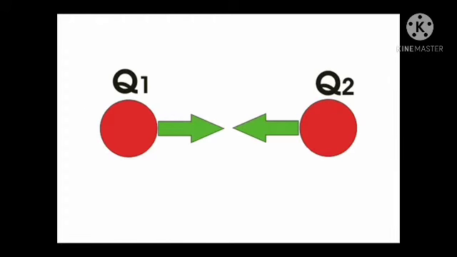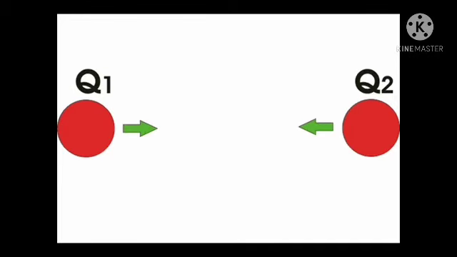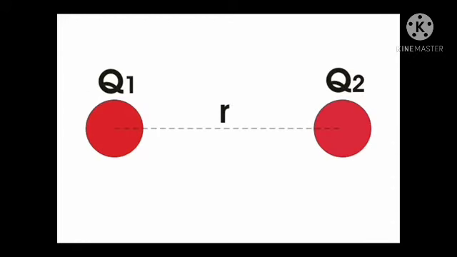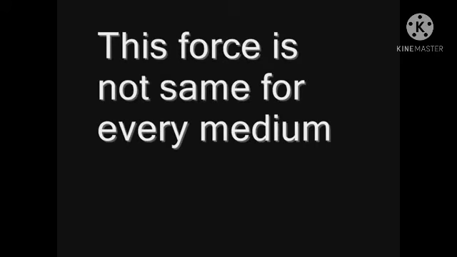Unlike poles attract each other, that is Q1 and Q2. For example, positive charge and negative charge, or north pole and south pole, attract each other. Their distance in between is r, and F is proportional to 1 by r squared. This force is not the same for every medium.